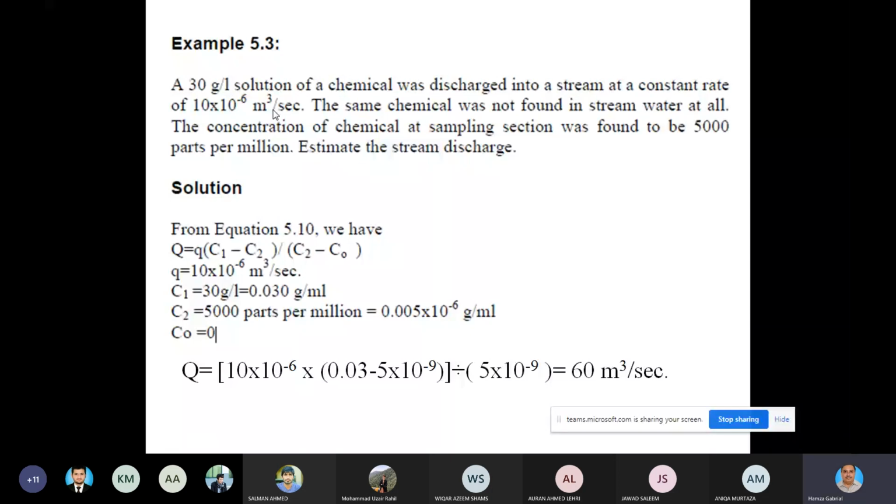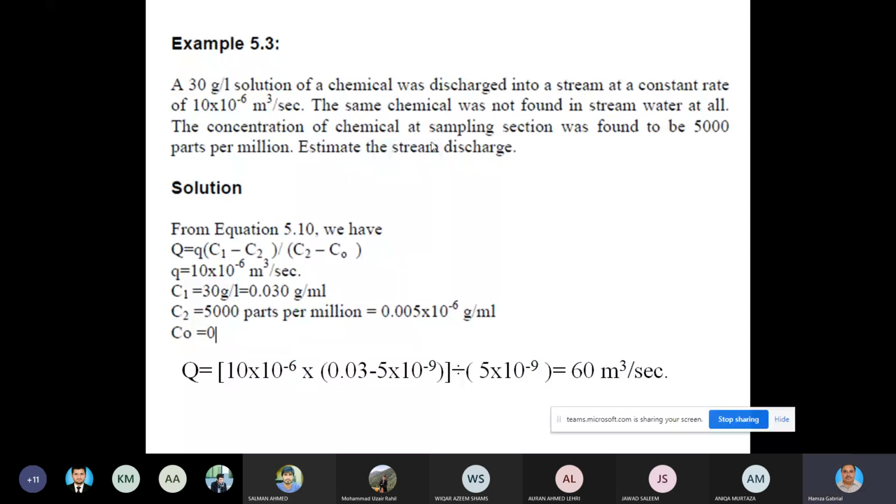The same chemical was not found in stream water at all. So that means the C naught value is 0 because this is a chemical which is not found in the stream naturally. The concentration of chemical at the sampling section was found to be 5,000 parts per million, ppm, and we have to estimate the stream discharge.